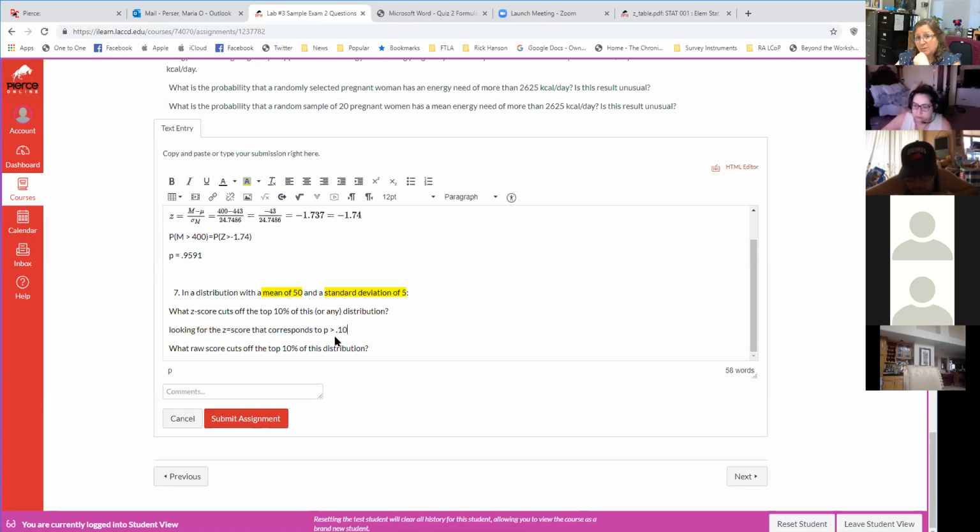So for this P, we're going to need to look at the column that has 0.10. Now, my question is, top 10%: is this in the tail or the body? Let me draw it out like you said.